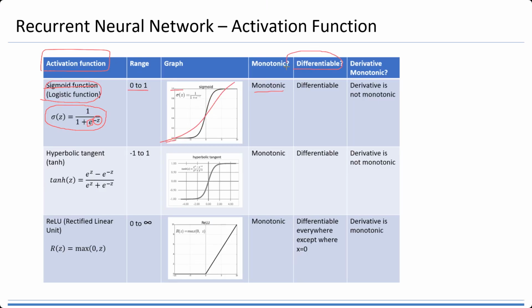Differentiable means whether this value can be derived or not. So it is differentiable. And the derivative is not monotonic after we do the derivative. I think this is more in the mathematical theoretical part. Yeah, we do not need to understand this one in detail.